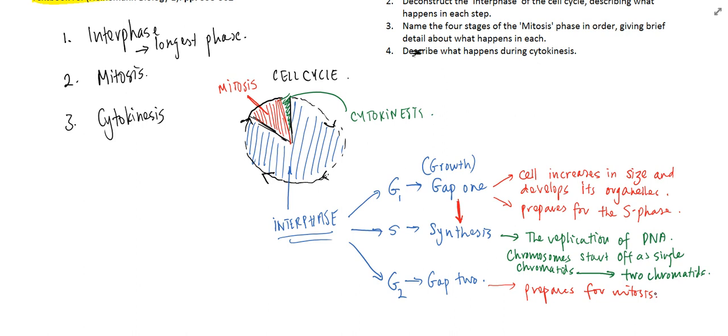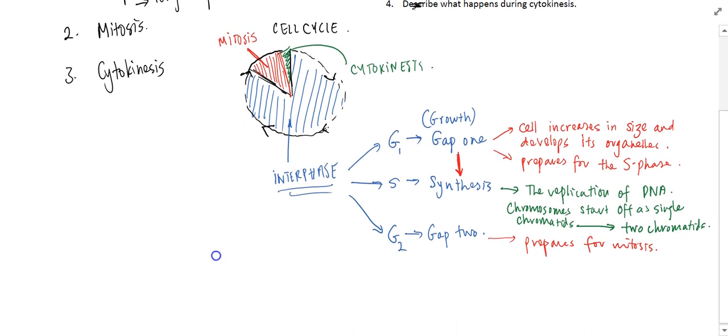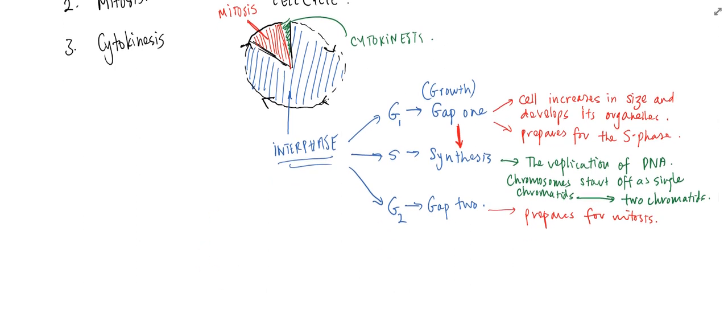So in mitosis, which we'll look at in more detail later, we have particular structures like the centrosomes that are involved with pulling apart the chromosomes and so on. These need to be replicated. So in gap 2, this happens.